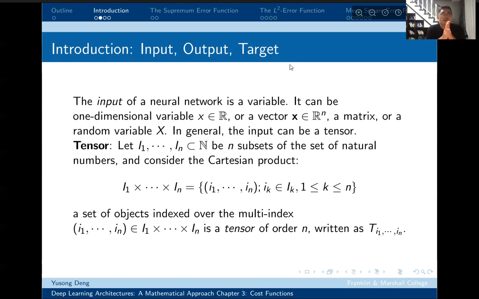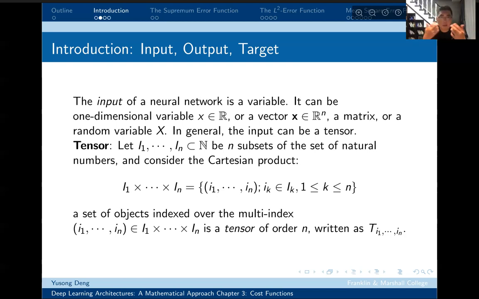What is a tensor? Actually, the book gives some description. The description is this: let I1 to In be subsets of the natural numbers, and consider the Cartesian product, which will create a vector, a tuple of numbers, that is I1 times to times In equals I1 to In, and each ik is in the corresponding capital I, with k between 1 and n.